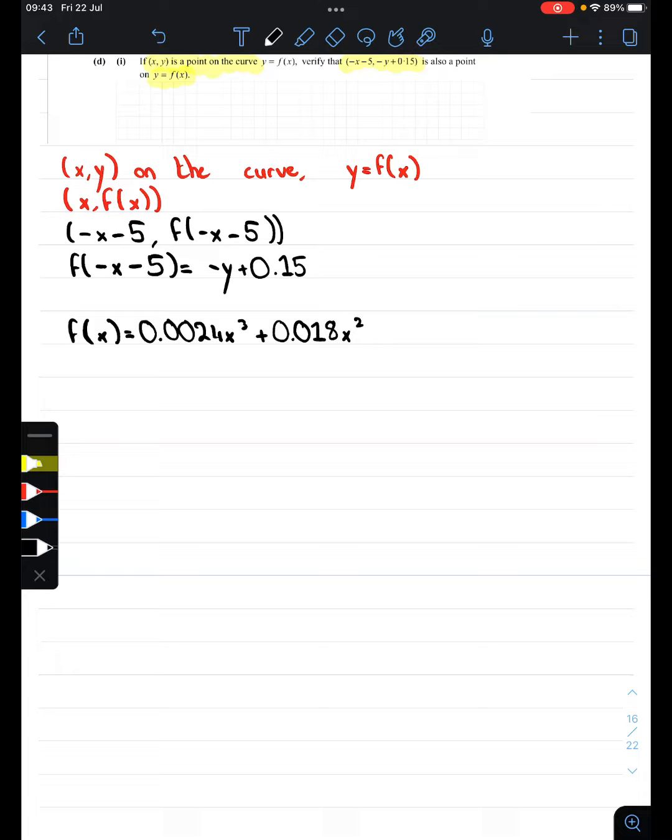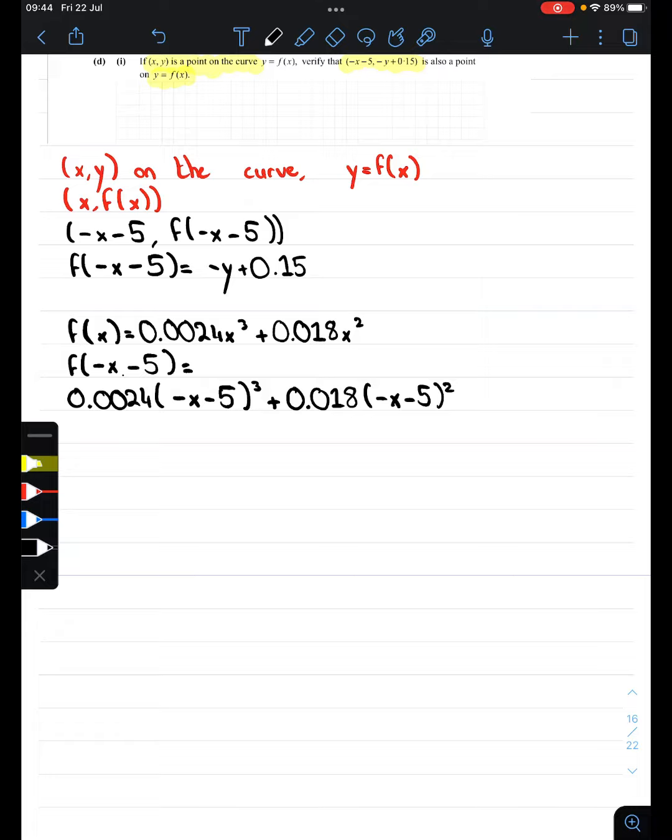And now what's f(-x-5)? Well, wherever we see x, or the argument, we'll put in -x-5. So 0.0024(-x-5) cubed plus 0.018(-x-5) squared.